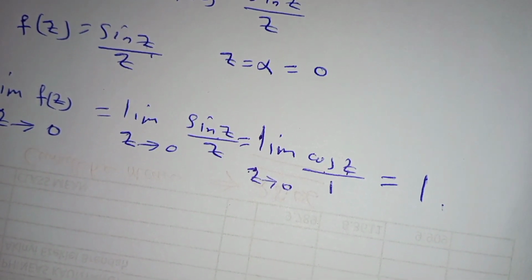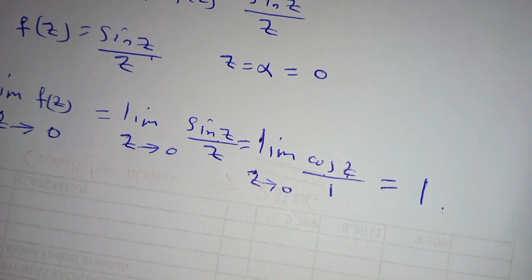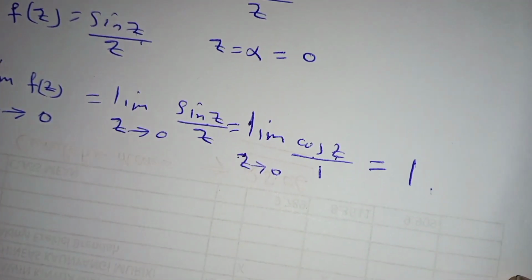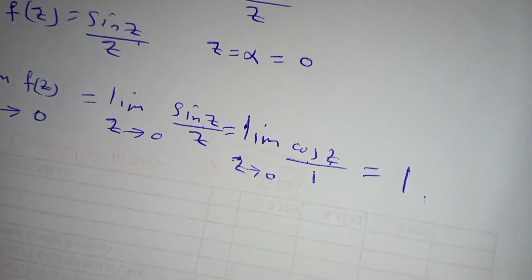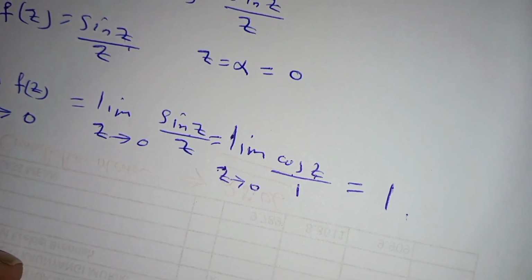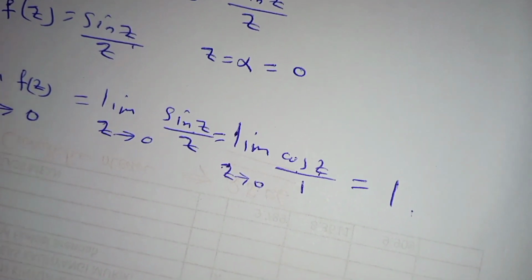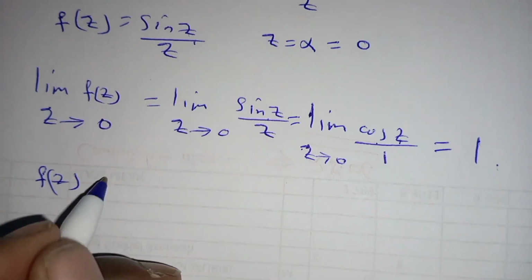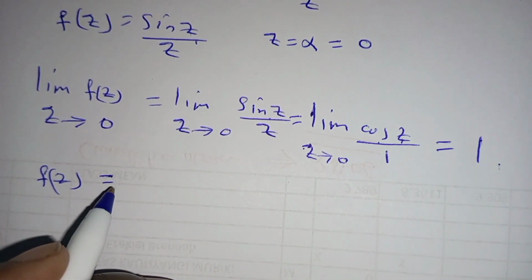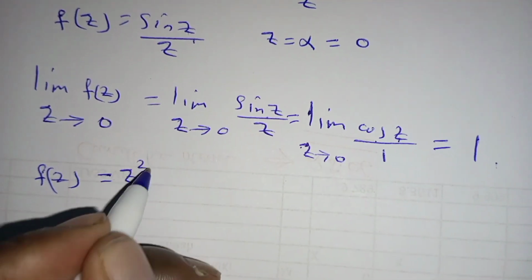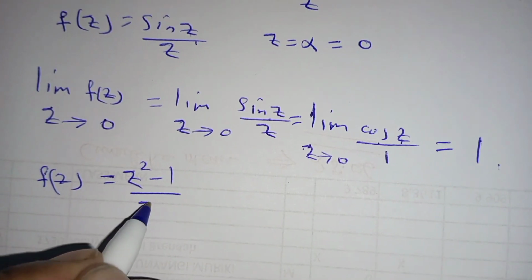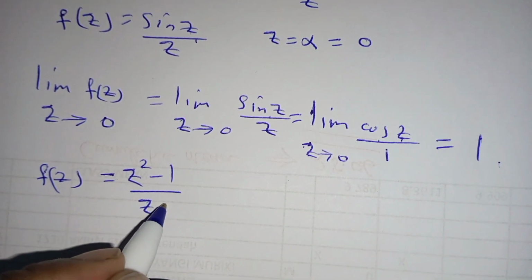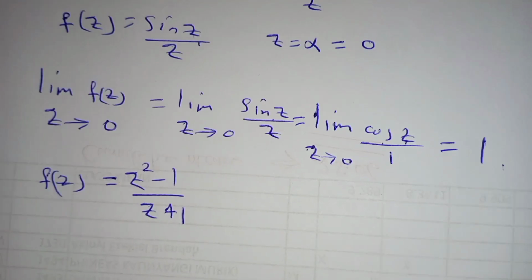We can have another example, a final example in this consideration. We are given f of z is equal to z squared minus 1 over z plus 1.